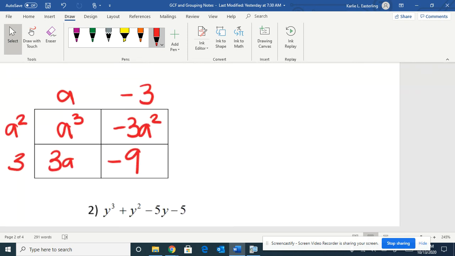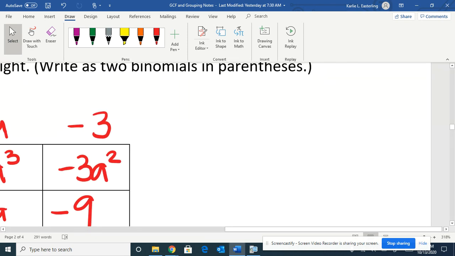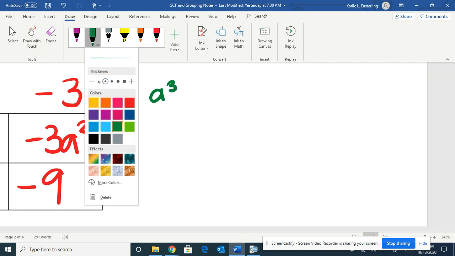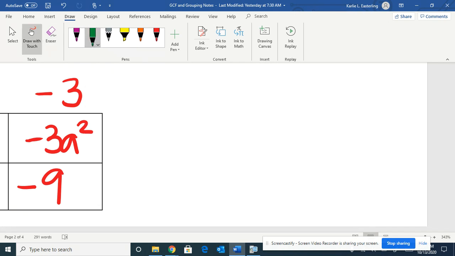I'm going to zoom in or close over here so that I can write super largely. And I'm going to show you another way. I'm going to do the second way in some green just so that y'all can see the difference. So we're looking at a cubed minus 3a squared plus 3a minus 9.